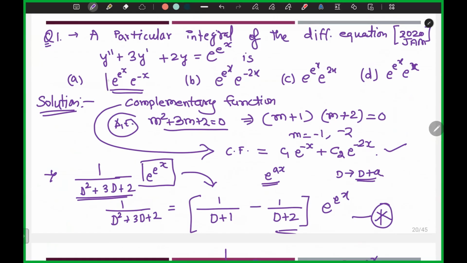So this part should satisfy the whole equation, right? So this is your y, you just take y dash and y double dash in each of the options, and you can go by this method. So you can make one option as correct. Otherwise, it is a long computation that consumes time.